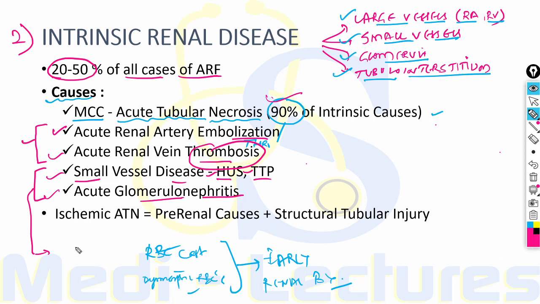And as we have already discussed, ischemic acute tubular necrosis is pre-renal causes leading to structural tubular injury.